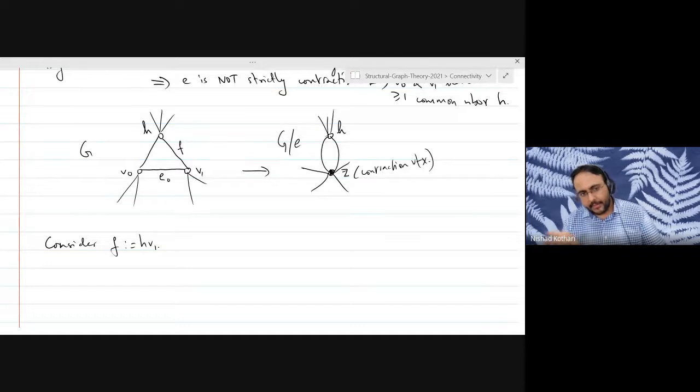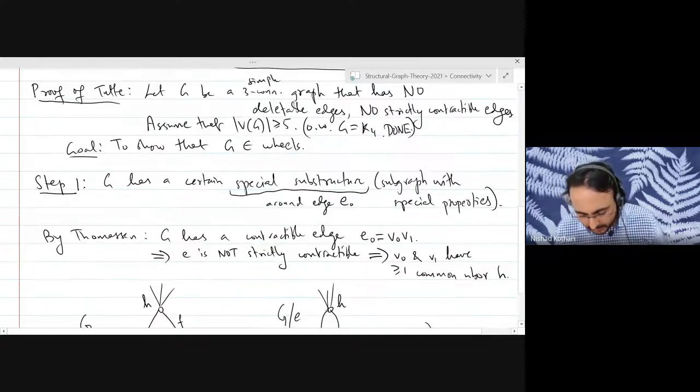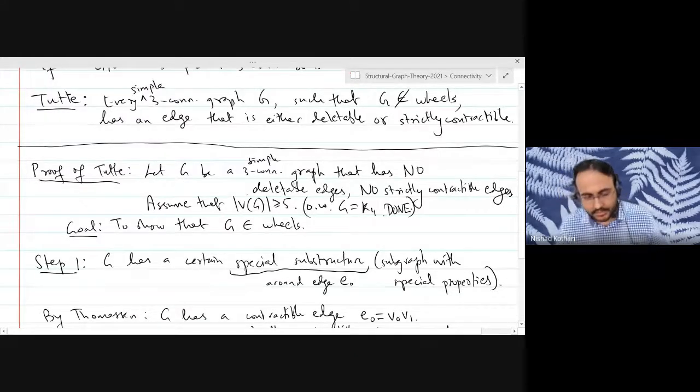That is true for every edge, right? Because the graph is simple, if you delete any edge, the graph will still be simple. Which means, if we delete an edge, the graph cannot be three connected. That is because of our assumption that the graph does not have any deletable edges.